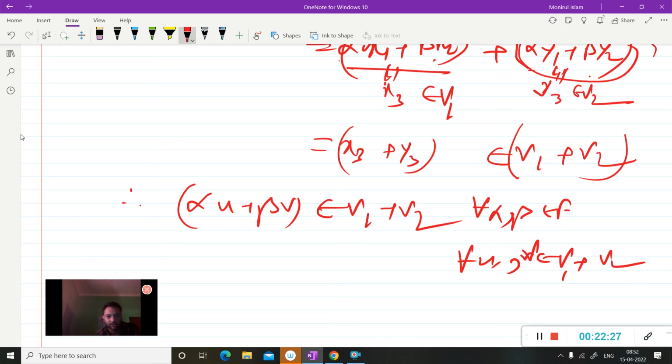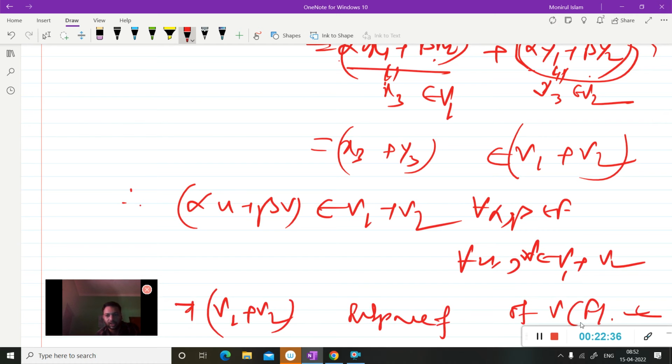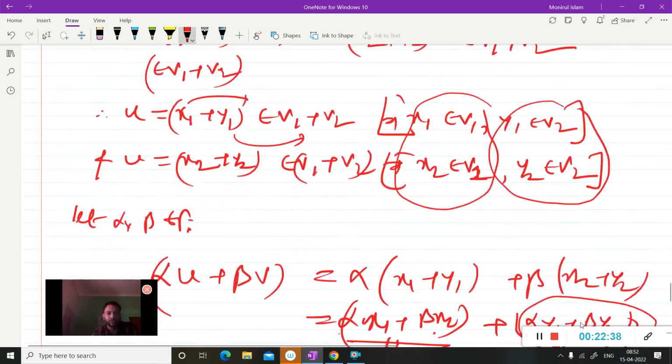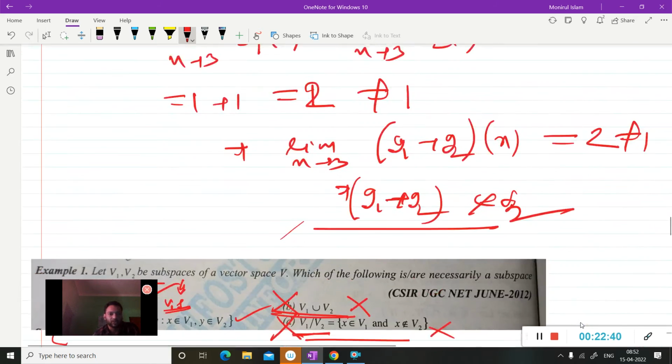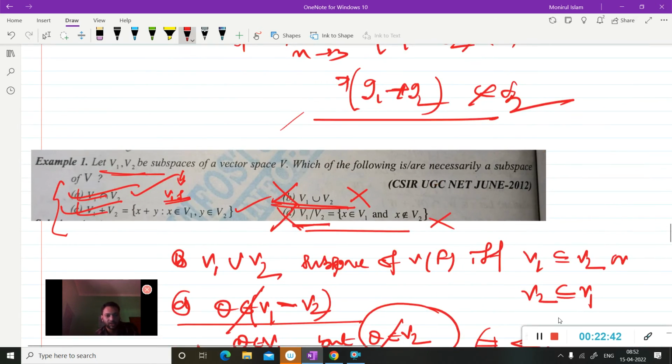So it implies the linear sum V1 plus V2 is a subspace of the vector space V over F. So the linear sum is also a subspace. So this is correct. So in this question, the correct options are B and C.